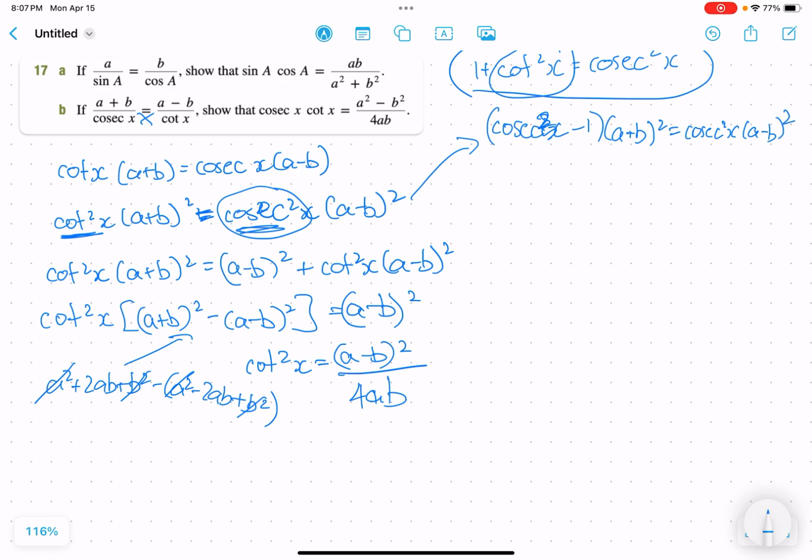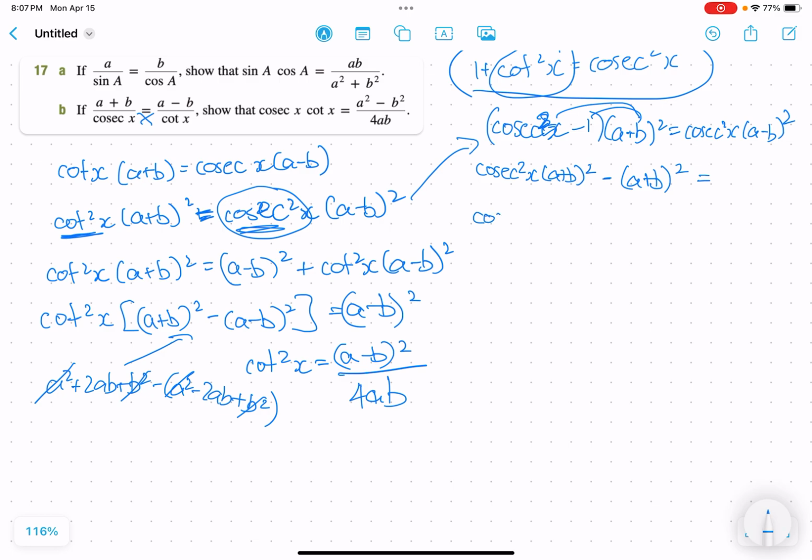So here I've got cosec squared x lots of a plus b squared if I multiply that, and then we've got negative a plus b squared equals that right hand side.